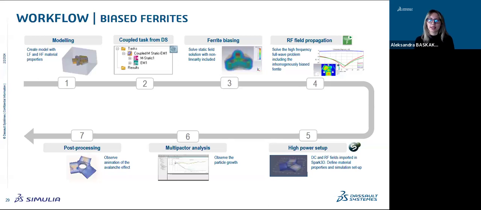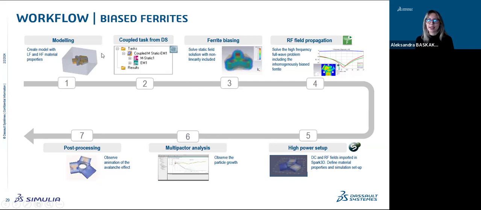In case the ferrite material is biased by a static magnetic field, the circulator shows a non-reciprocal behavior, which is typical for microwave devices using gyrotropic media. To simulate such a device, a user can utilize the biased ferrite electromagnetic coupling workflow.